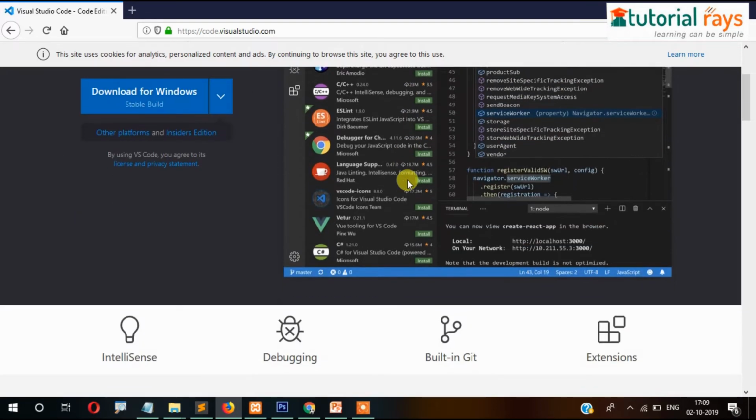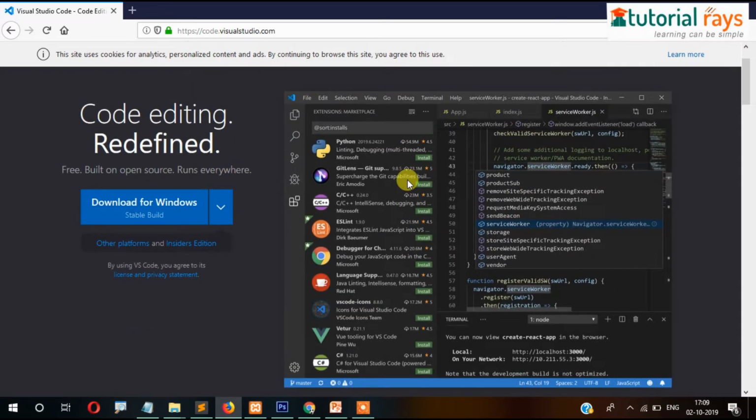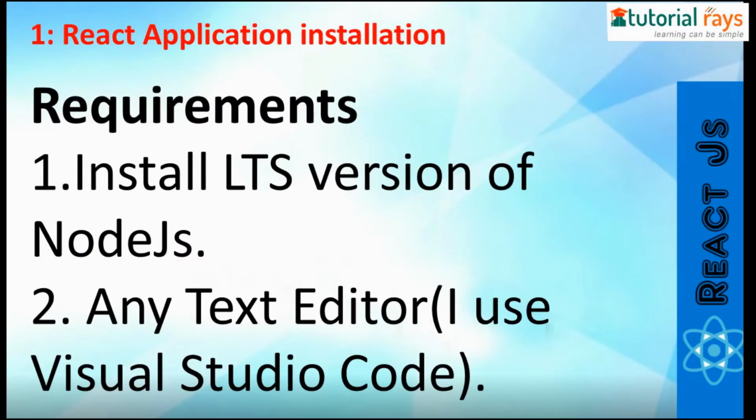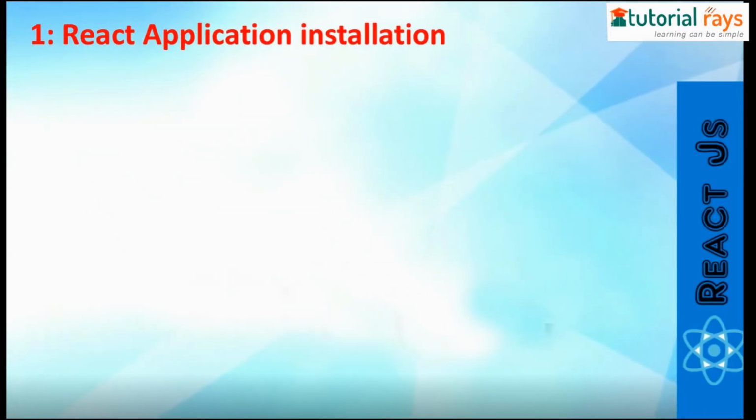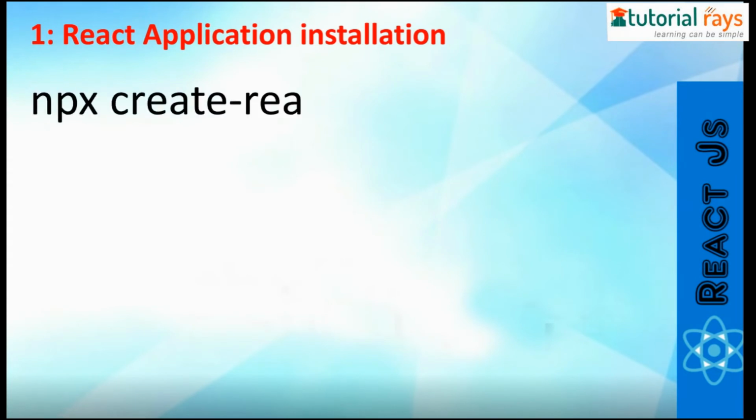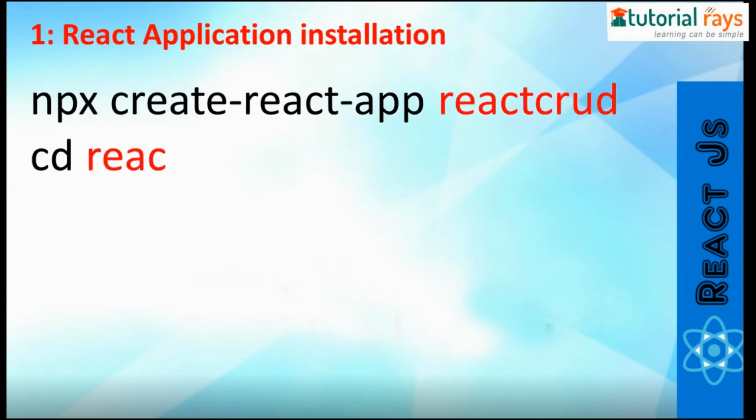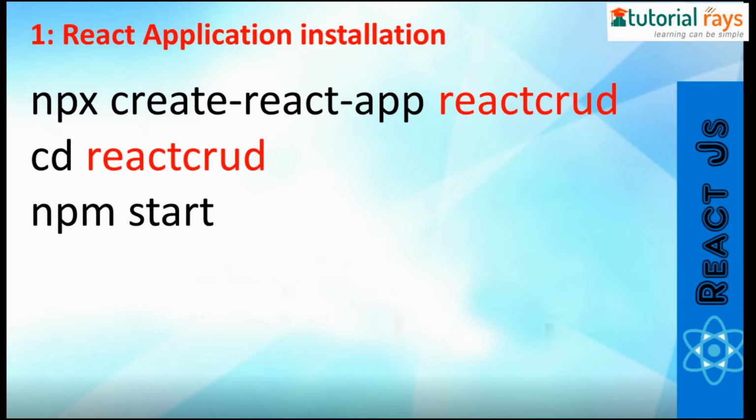So these are the system requirements or prerequisites which you should have installed before creating this application. Once you have installed these two software, the next step is this command through which we will be creating our React app: npx create-react-app reactcrud.